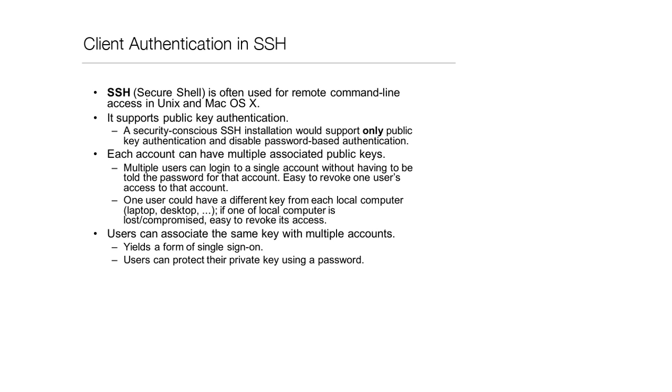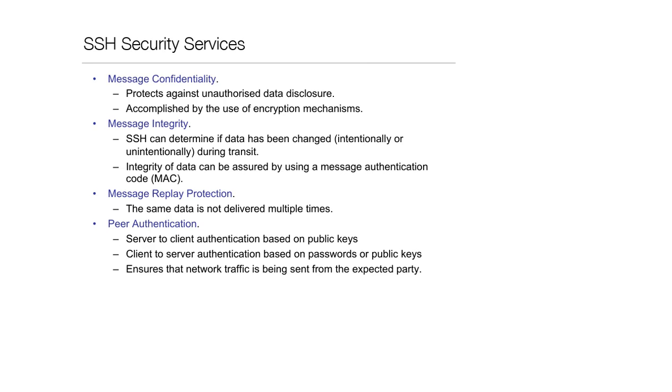So this is how the client authentication happens in the SSH protocol. We have to understand that SSH is a protocol to provide protection for logging and file transferring kind of services, remote logging things.